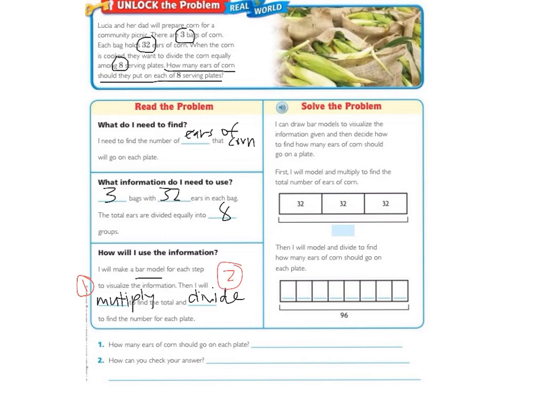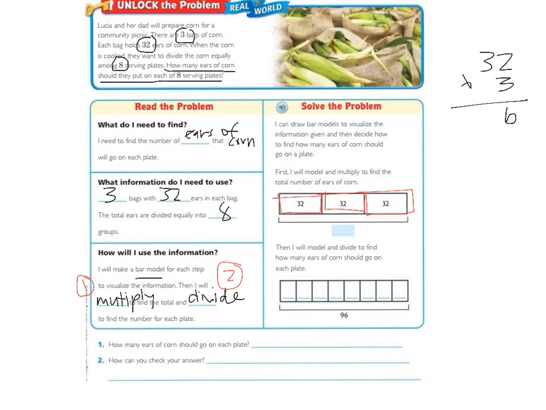Alright, so let's do step 1 and let's multiply. We have 3 bags. So here's 1, 2, 3 bags. And each bag has 32 ears of corn. So we need to multiply first. 32 times 3. Straight up, 3 times 2 is 6.